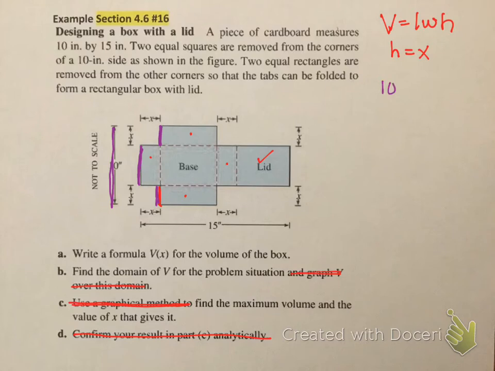So 10 inches has to equal an X plus a, what's that, guys? Let's call that L for length plus another X. So 10 is equal to 2X plus L.